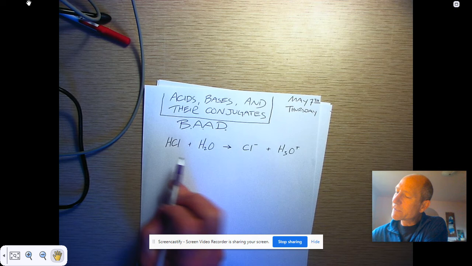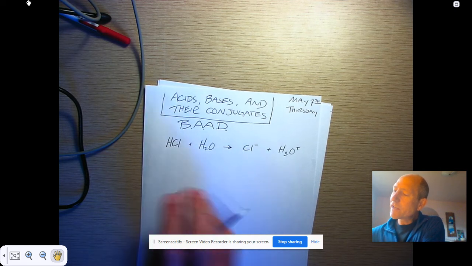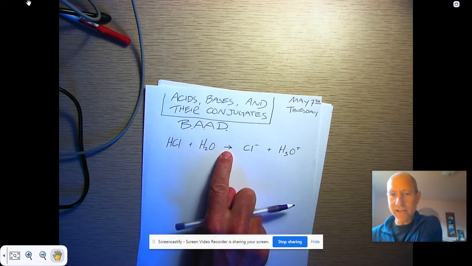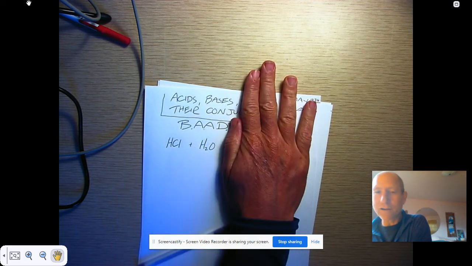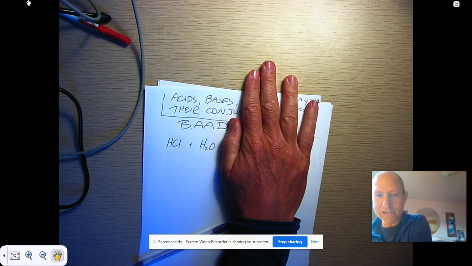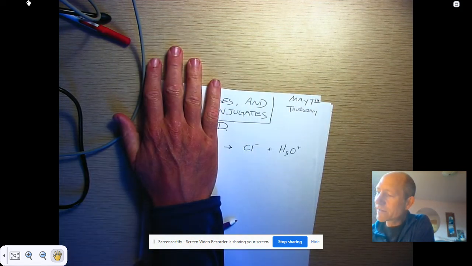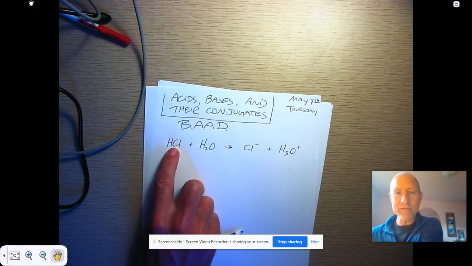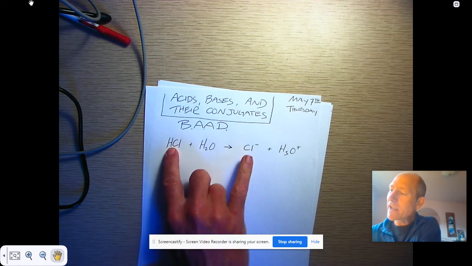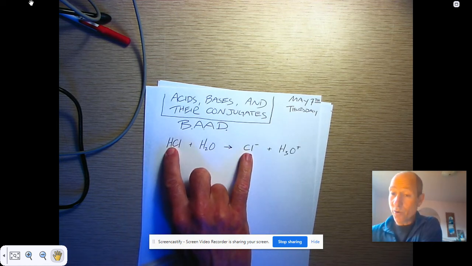So what happened is HCl, think of this arrow as everything over here is before the reaction happens, and everything over here is after the reaction happens. Before the reaction, this chemical had one hydrogen, and after it had no hydrogens.